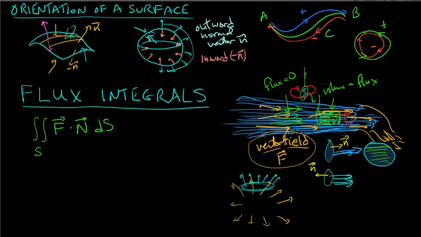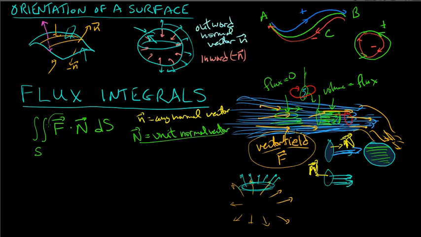I'm going to use capital N, the normal vector to the surface. I regret using little n for my normal vector. We should be using capital N now for our normal vectors. Little n could be any normal vector, but this capital N has to be a unit normal vector. It has to have magnitude 1. The reason is that we're just looking for the flux of F, the vector field.